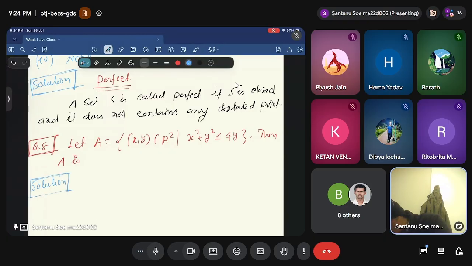So for this question I'm not going to give any options because this is not that difficult, but to understand how you are going to proceed, that's why this question is given. So yeah, can anyone tell me what the set A is, and in advance if you know whether the set is closed or open or any properties you know? Anyone?